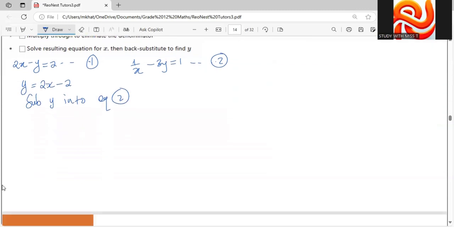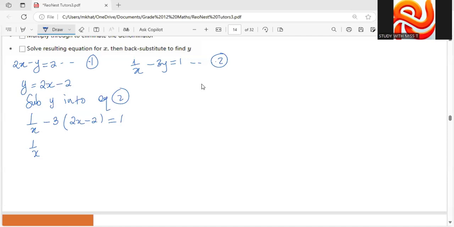After I substitute it, I'm going to have 1 over x, and where there's y, I'm going to substitute 2x minus 2. So now I have a common variable. So now I'm going to expand it, right? And after expanding it, I'm going to have negative 6x plus 6 equals 1.